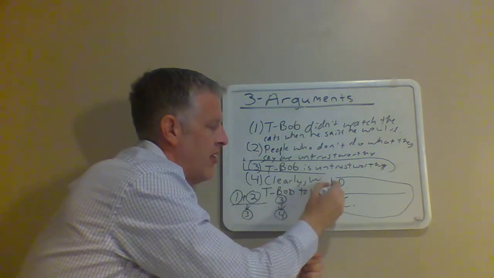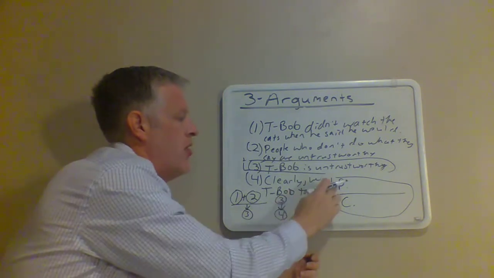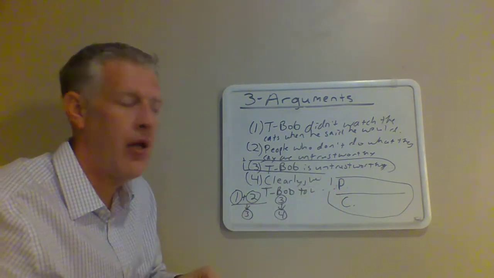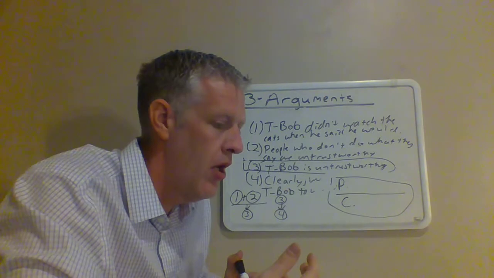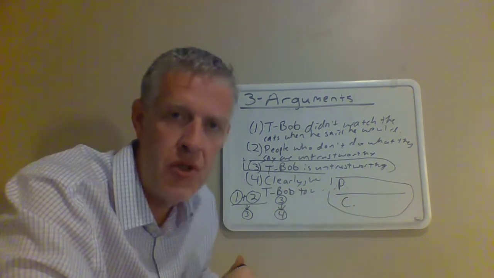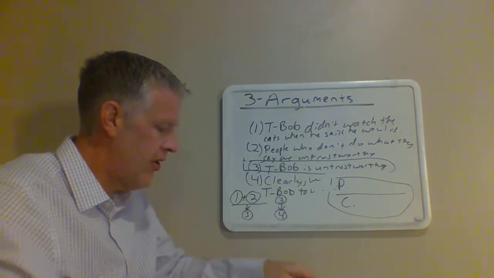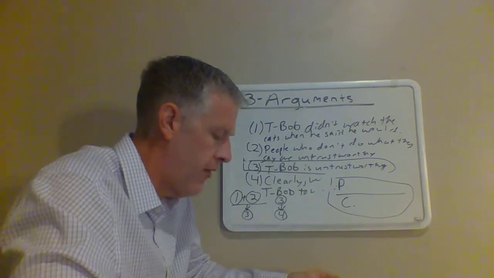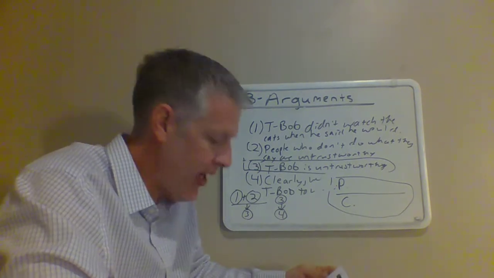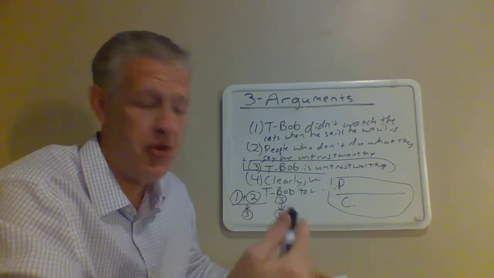So it doesn't make sense to call one claim, the premise, valid. No. You only speak of arguments being valid or invalid, cogent or not cogent. It doesn't make sense to say the conclusion was cogent, okay? So I just want to point that out. In sum, claims and not arguments are true or false. And arguments, not claims, are valid or invalid, sound or unsound, strong or weak, cogent or not cogent.